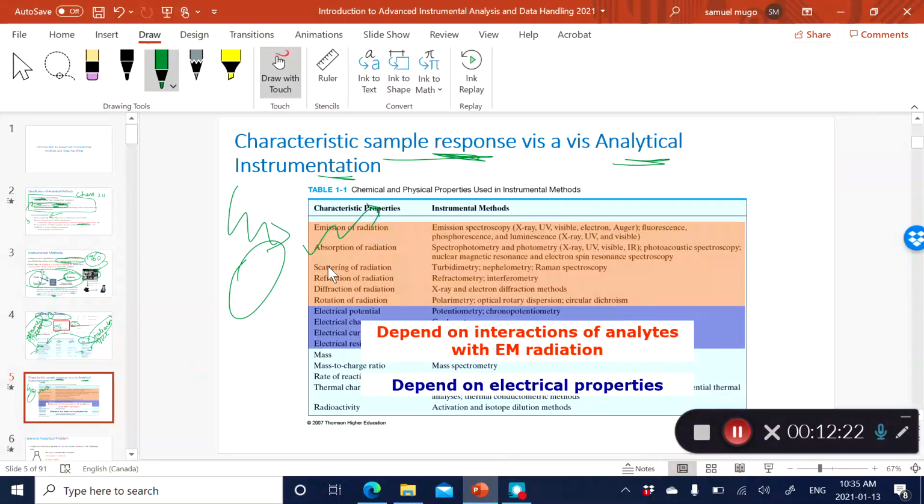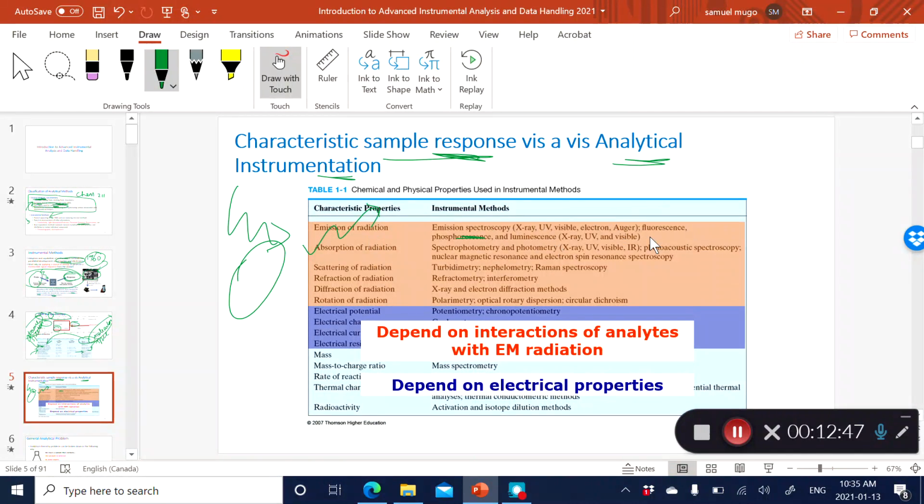So the sample can absorb the radiation, for example, and that's the basis of spectrophotometry. The sample can absorb the radiation, but also excite the electrons, and then you get relaxation of those electrons, resulting in an emission of radiation. And that is the basis of emission spectroscopy.